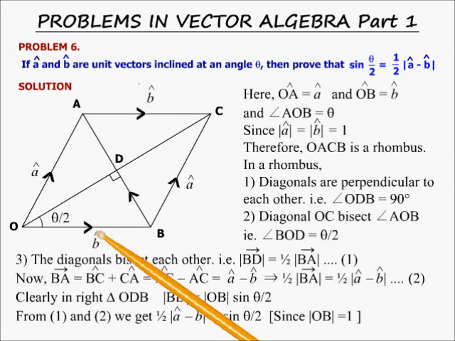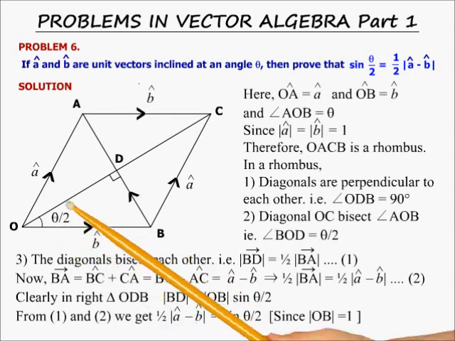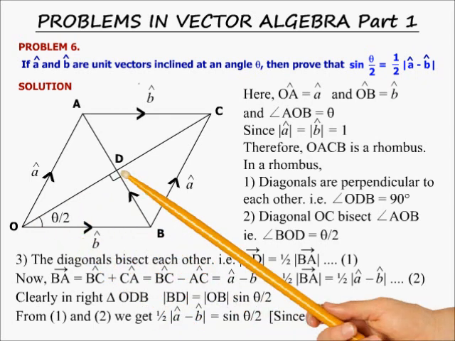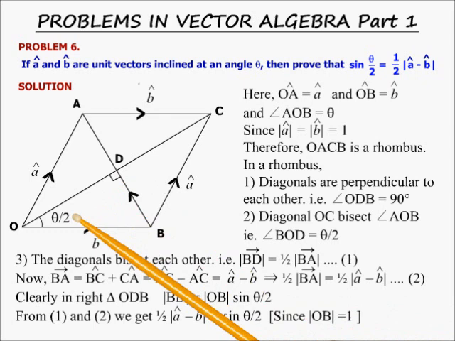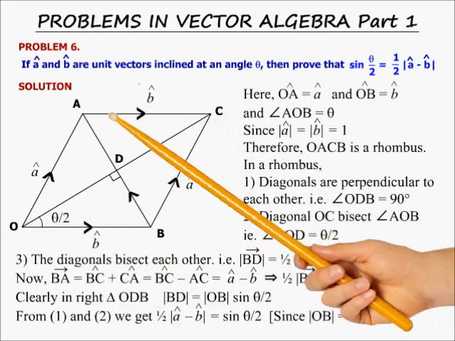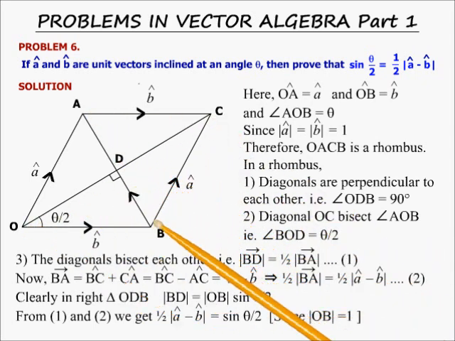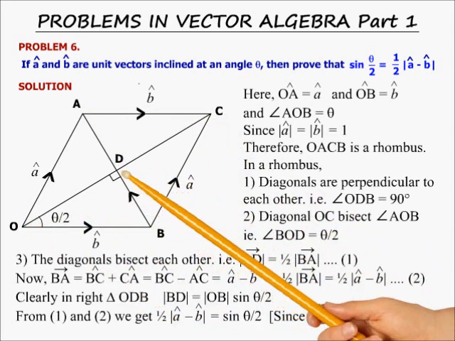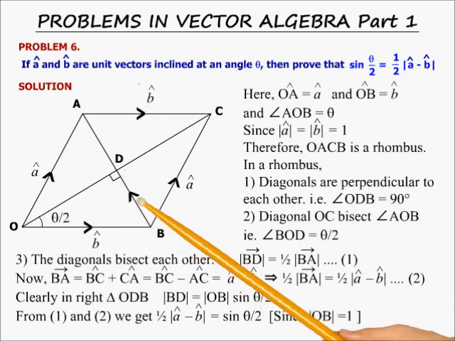This only happens in a rhombus. This means angle BOD is equal to theta by 2, where theta is the angle between OA and OB. Also, we know that in a rhombus the diagonals bisect each other. That means magnitude of BD is equal to half the magnitude of BA.